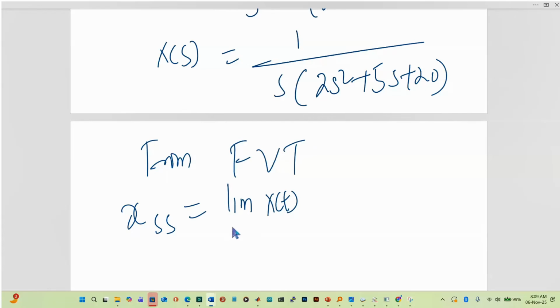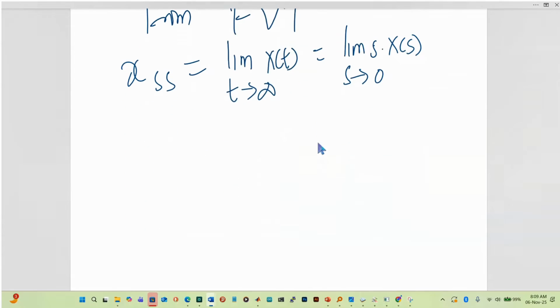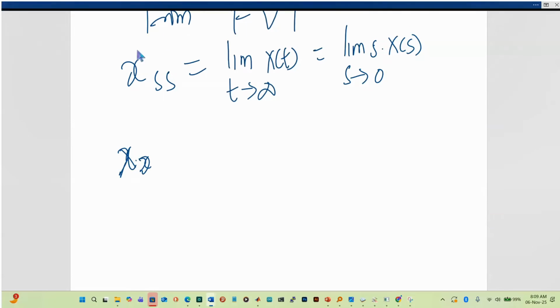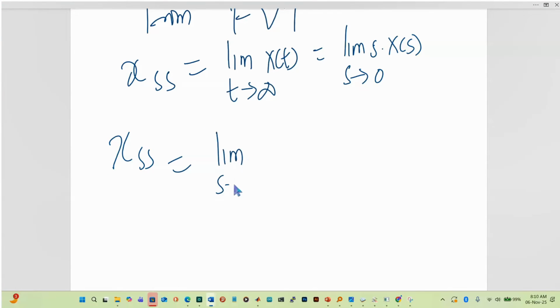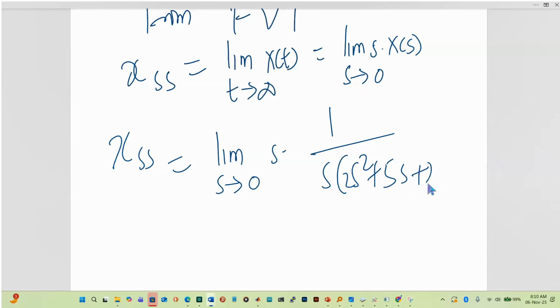We have the limit of x(t) as t tends to infinity. Since we are no longer in the t domain, we shall use the s domain. So we take the limit as s tends to 0 of s times X(s). We know X(s), so the steady state value xss will become the limit as s tends to 0 of s times 1 over s into 2s squared plus 5s plus 20.